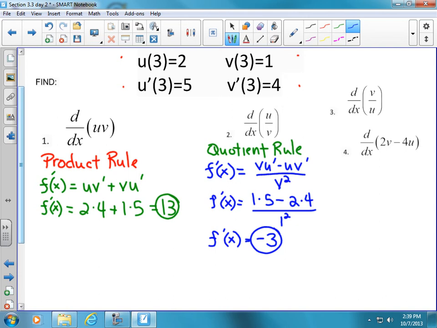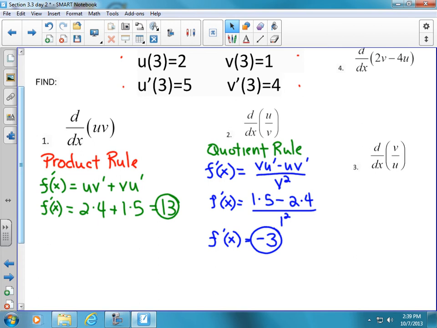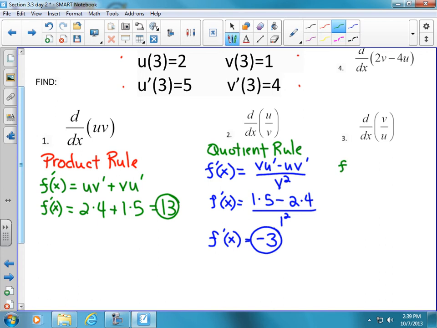Okay, now we have the third one, which is another quotient rule. So we're going to use the same quotient rule. The problem is our u and v are mixed up. So our new quotient rule for this one, because we have to start with the denominator u squared down here. So we're going to do u v prime minus v and u prime. Okay, so let's plug in these numbers then.